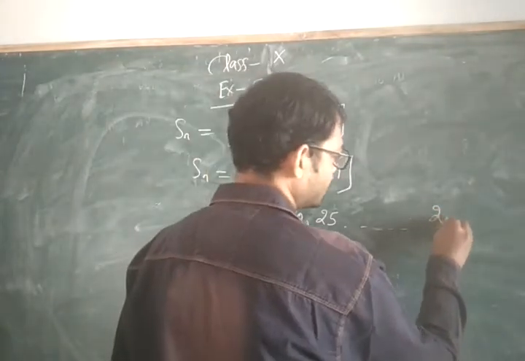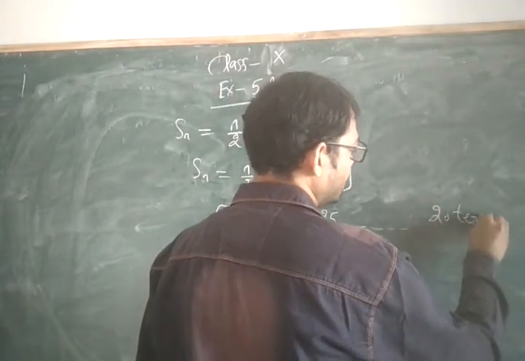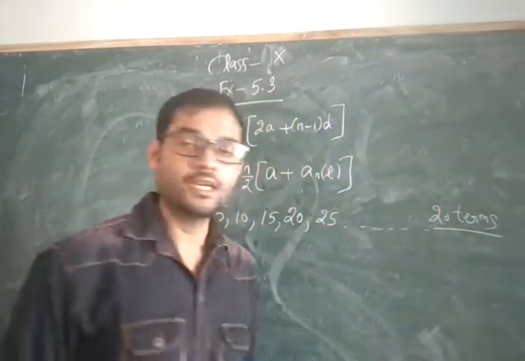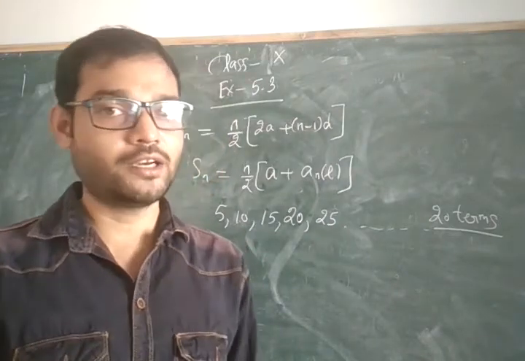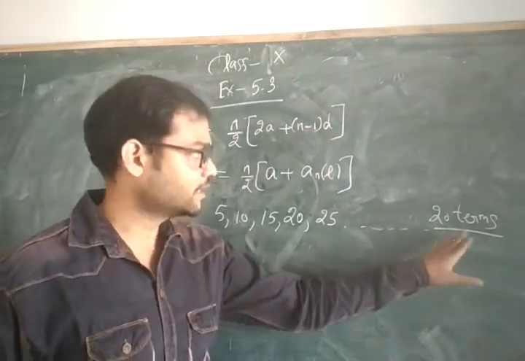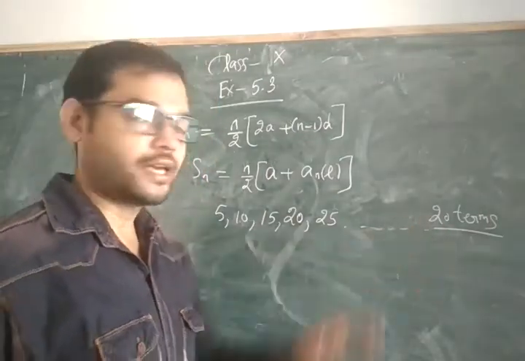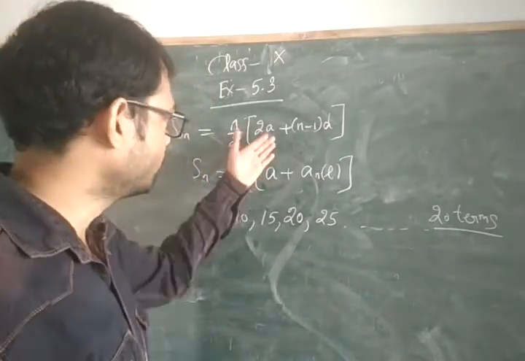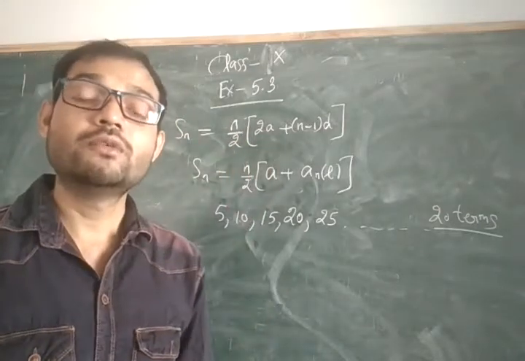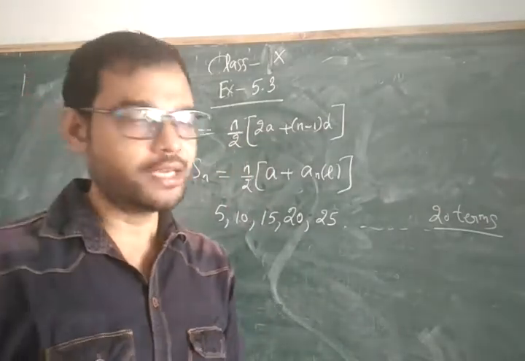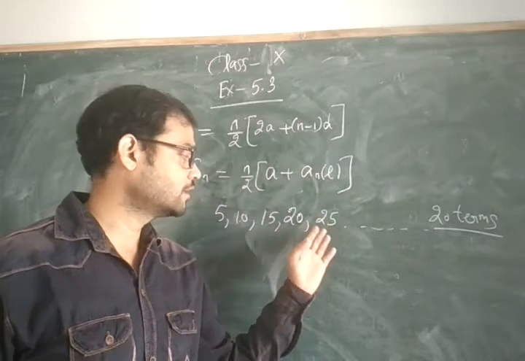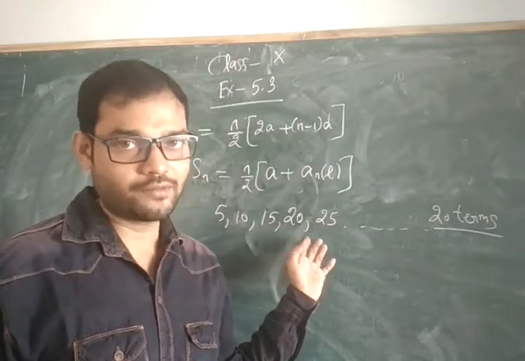So here is 20 terms. You have to find the sum up to 20 terms. So for finding the sum up to 20 terms, we will apply one of these two formulas, and we will see which formula you can apply here for finding the sum for this given AP.